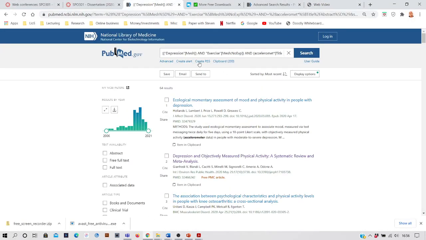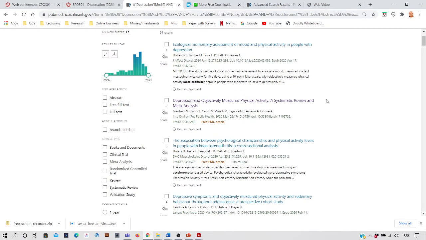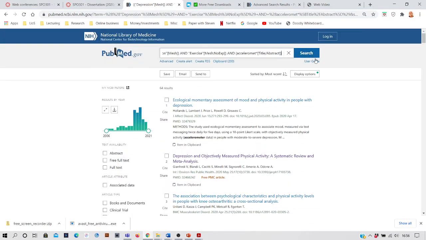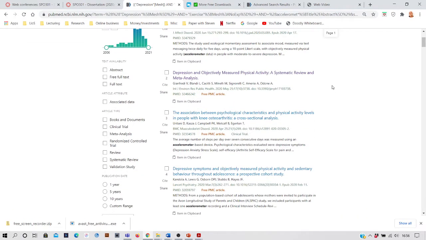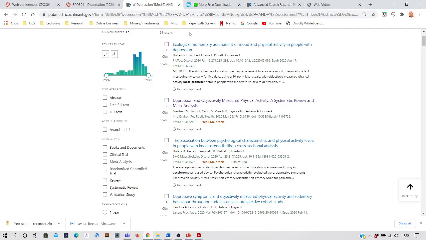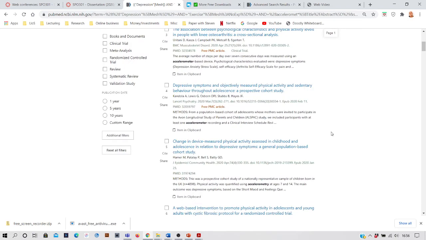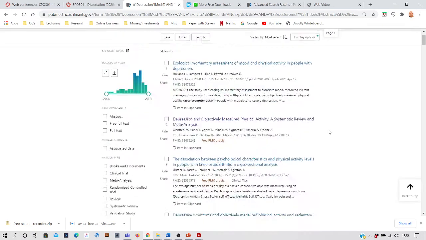Go into PubMed, and you'll have a well thought out search like this, and here we can see that when I've carried out this search, it's returned a far better selection of papers.